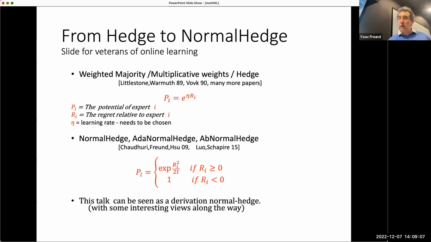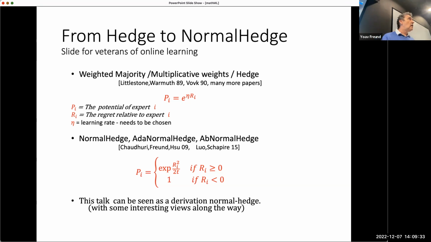In all of the old ones, there is a learning rate and you need to struggle with it: what assumptions can I make and what should I do? Here, you don't need to do that. So in a way, this talk can be seen as how you go from multiplicative weights to normal hedge weights. But along the way, I found some very nice math structures.